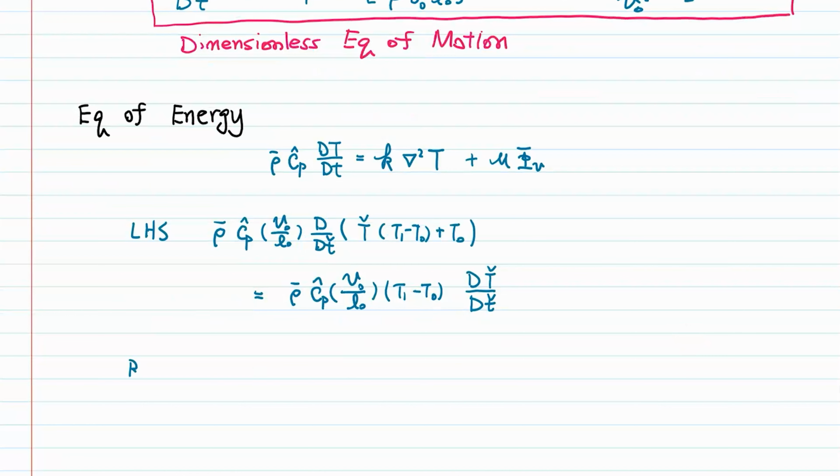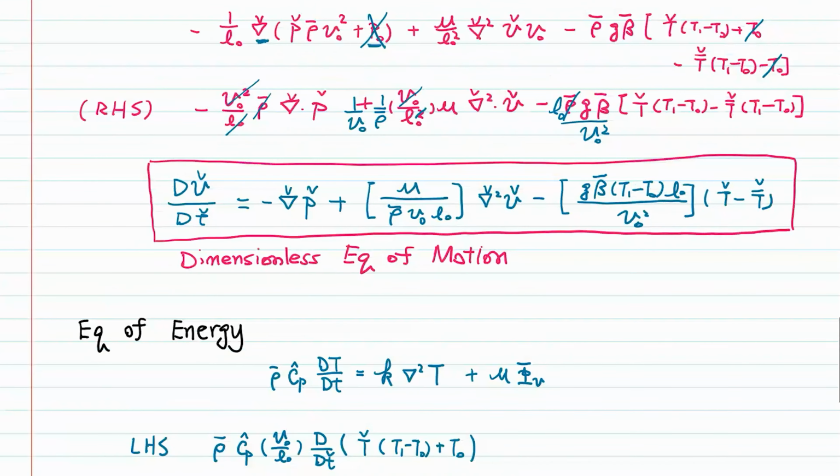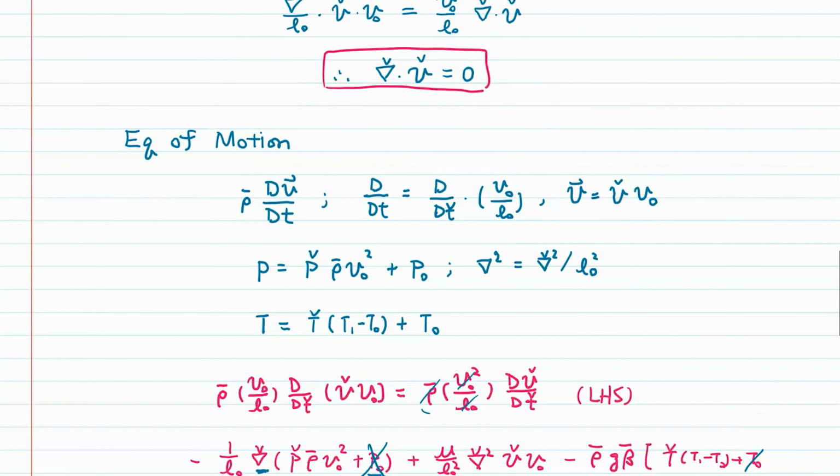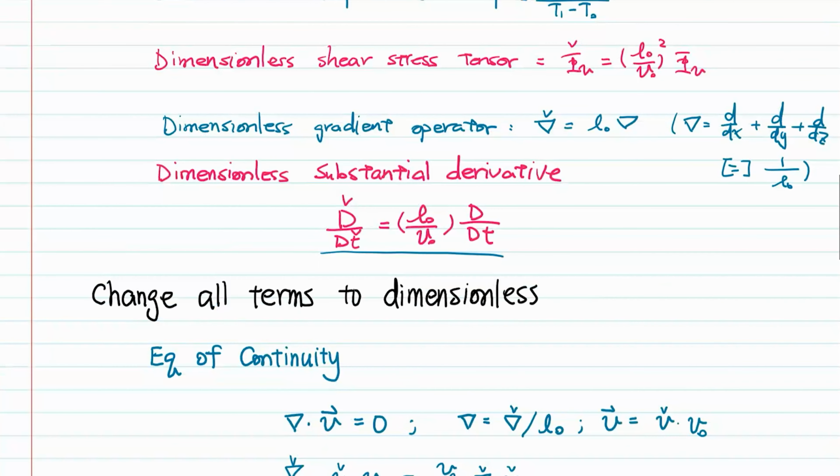On the right-hand side, we have the thermal conductivity term, or the conduction term. So this one is simple. This would be the thermal conductivity divided by L squared. Let's make sure we're not getting ahead of ourselves.